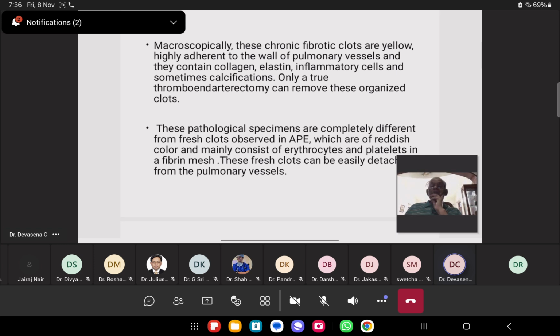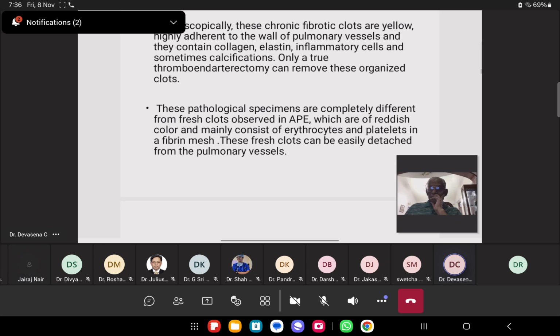These pathological specimens are completely different from fresh clots observed in acute pulmonary embolism, which are of reddish color and mainly consist of erythrocytes and platelets in a fibrin mesh. These fresh clots can be easily detached from the pulmonary vessels.